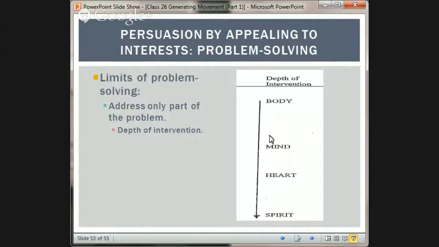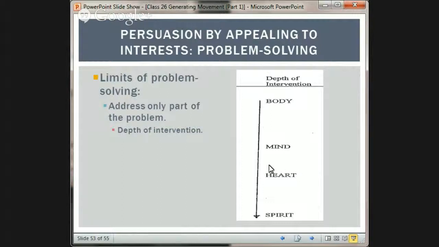The next level of intervention would be at the mind level. And here, this is where we really are talking about interest, because this is up in your head. This is prefrontal cortex work for the most part. It's very rational mind work, left brain work for the most part. Not to say that some interests can't be defined in terms of other things, but it's just more up in the head.